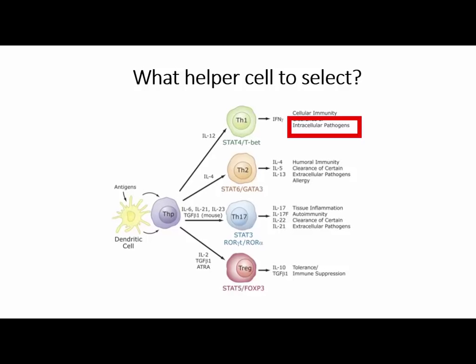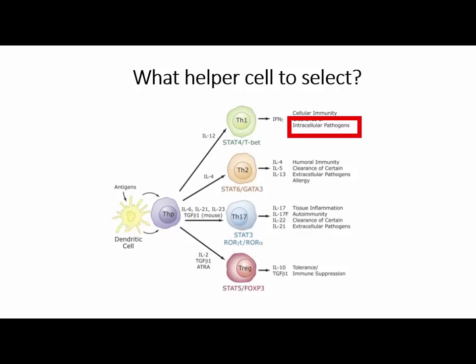And the way it gives those instructions is through the release of IL-12. So IL-12 is a cytokine that instructs a naive CD4 T cell to differentiate into a Th1 cell. And the reason in this case that the dendritic cell has released IL-12 is because it knows that this particular component is an intracellular pathogen.